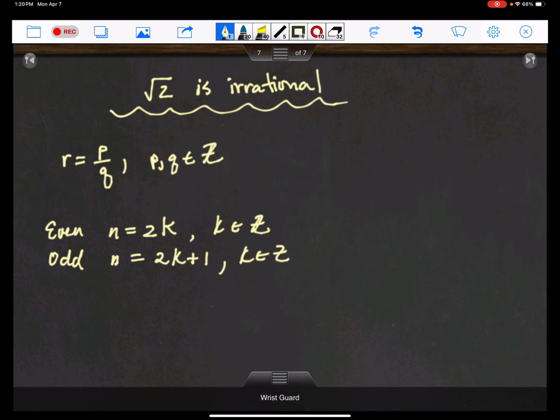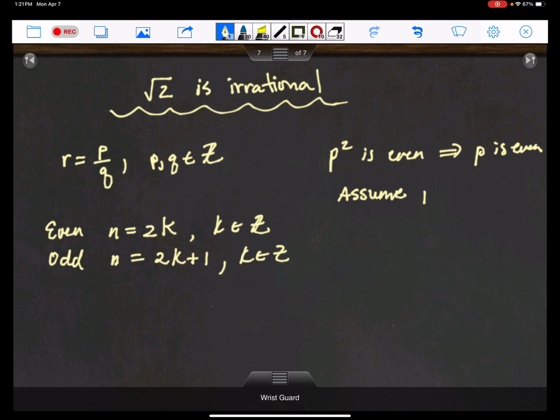Another thing we need is that if p squared is even, so an even integer, then p is even. Let's see why that is true really quickly, with a quick proof by contradiction.